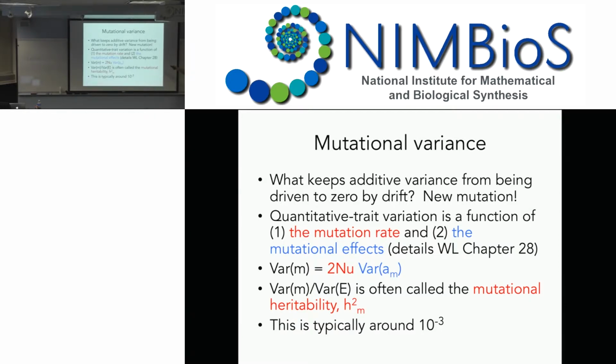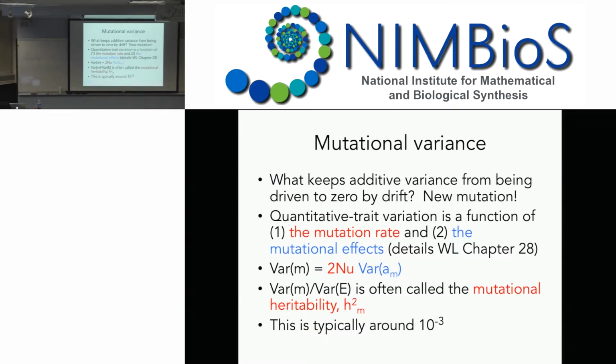So the quantitative variation is a function of the mutation rate, 2Nμ. μ is the per copy mutation rate. There are 2N diploid copies. And the mutational effects. This is the variation in the effects of new mutations.